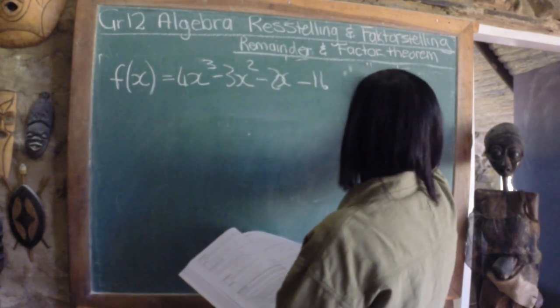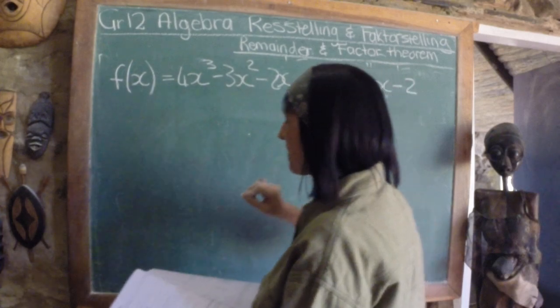The question is, prove that x minus 2 is a factor.